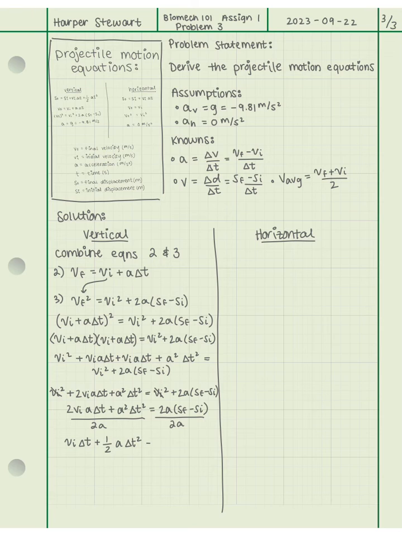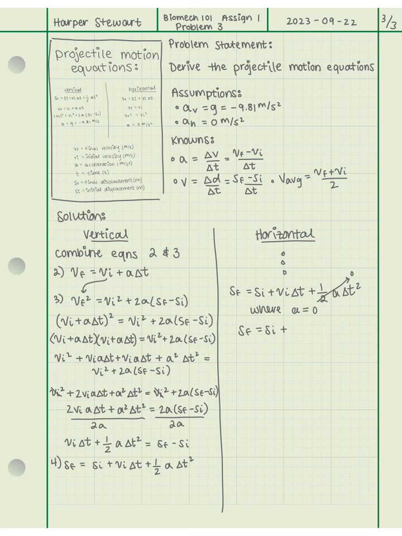If we rearrange so that final displacement is on the left-hand side, we're left with initial displacement plus velocity initial times the change in time, plus 1/2 times the acceleration times the change in time squared. We can assume the same process follows in the horizontal direction, but because the acceleration is equal to 0, that entire term on the right-hand side cancels out, and we're left with final displacement equals initial displacement plus initial velocity times change in time.